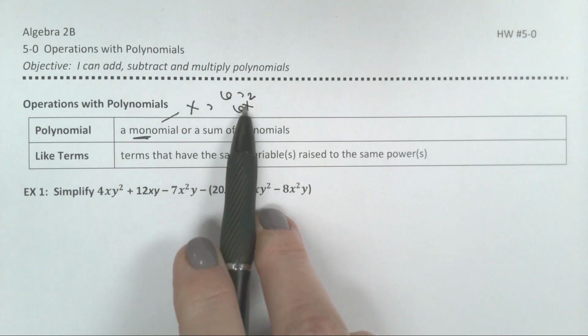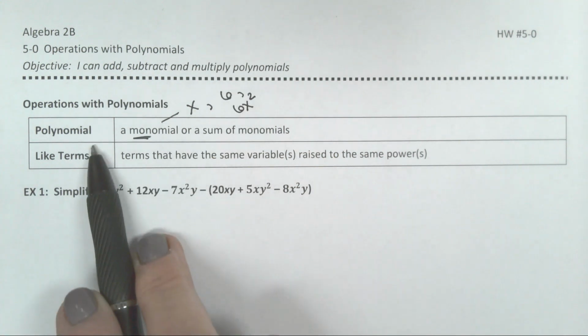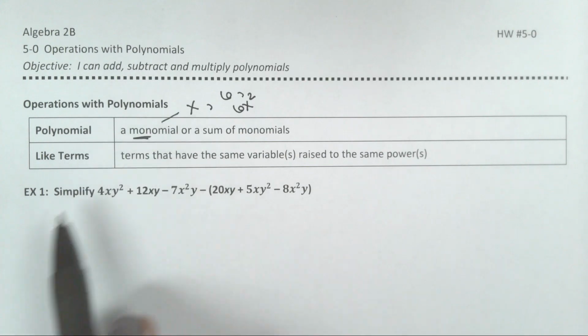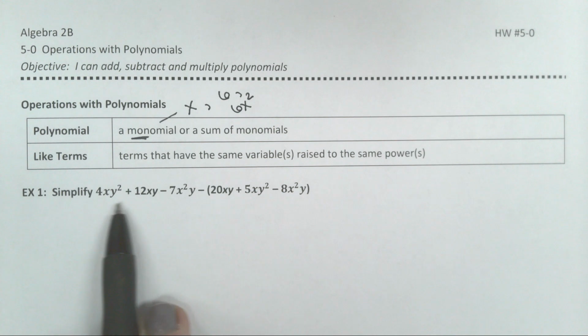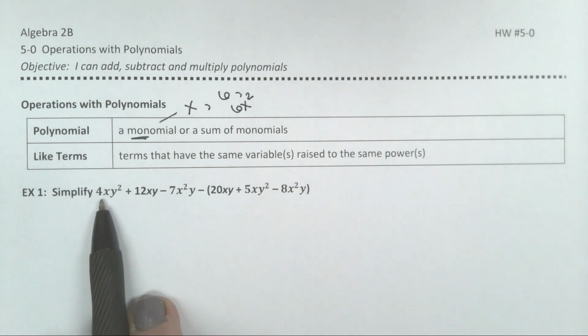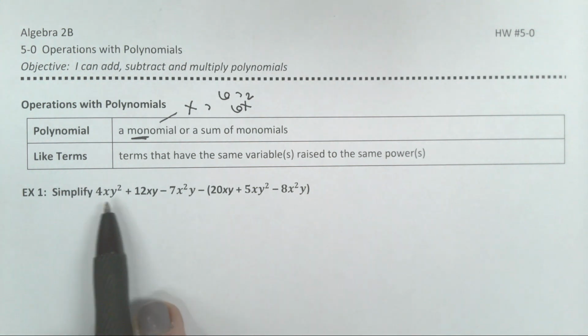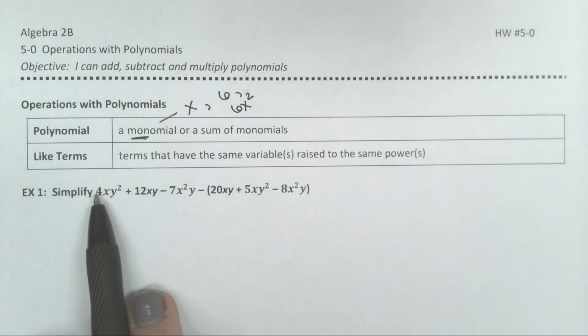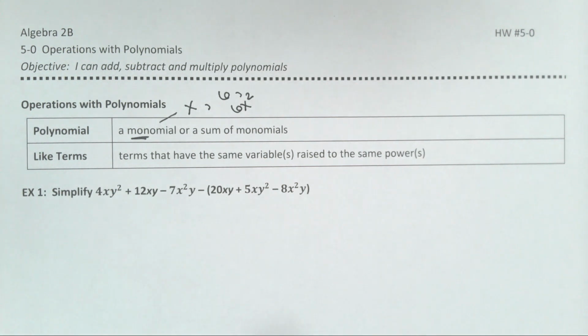So all these three are examples of monomials. A polynomial is that, or the sum of many monomials. The monomials are separated by a plus or a minus sign right here. So that's one, that's one, that's one. So we would call this a polynomial because there are many of them.